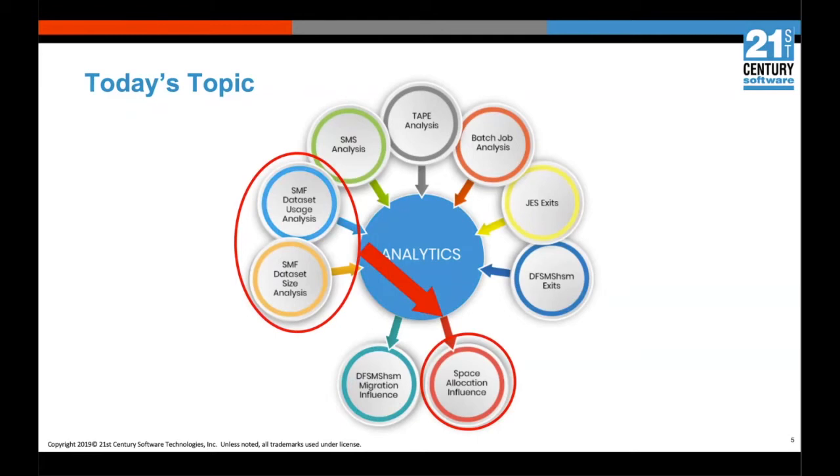There's a set of analytics within the product that are used to take the data and predict the right size of future data sets of similar name and class. And that way, the product helps these allocations adapt to the long-term changes that are going on in the workload and predict the proper sizes of data sets as we move forward into the future.